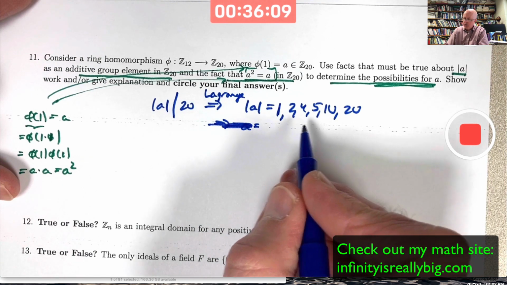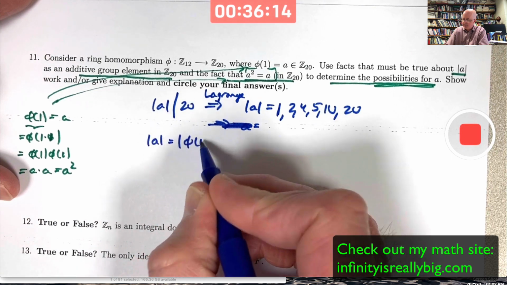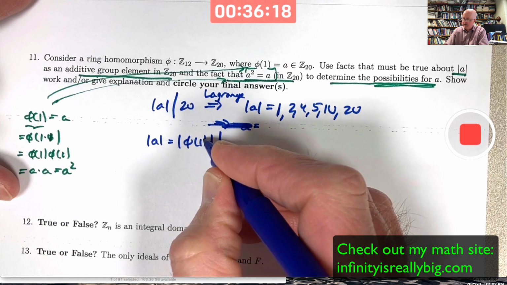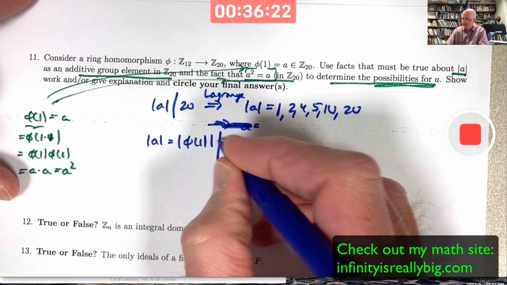It also turns out the order of A, which is the order of phi of 1, must also divide the order of 1 in Z12. That's a property of group homomorphisms.